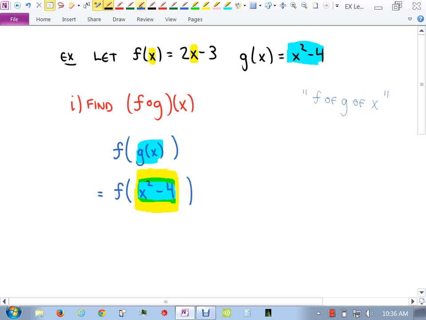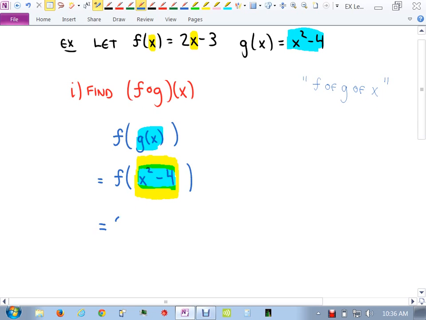So now I will drop the f and I will write what the f function is. So what is the f function? 2 times whatever I'm plugging into it. What am I plugging in? X squared minus 4. And then, don't forget the rest of f. Minus 3. Does everybody see the f function sitting inside of the g function there? Okay.